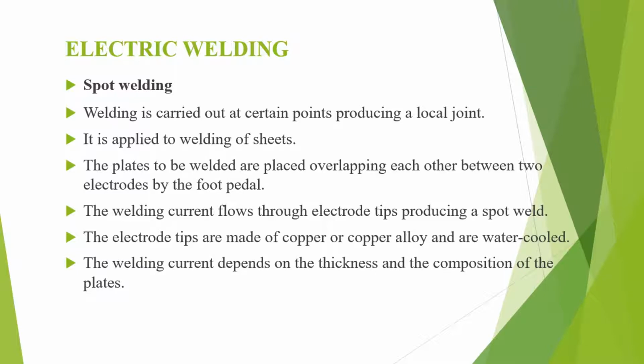The welding current flows through the electrode tips, producing a spot weld. The electrode tips are made of copper or copper alloy and are water cooled. The welding current depends upon the thickness and composition of the plates to be welded. It varies from 1000 to 10,000 amperes and flows from a fraction of a second to several seconds.